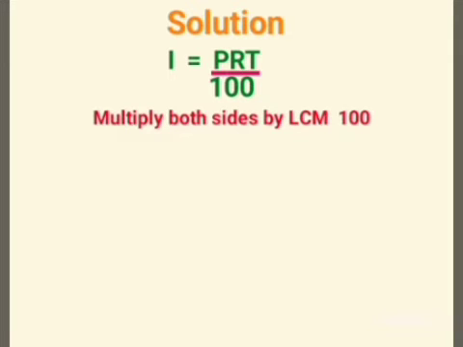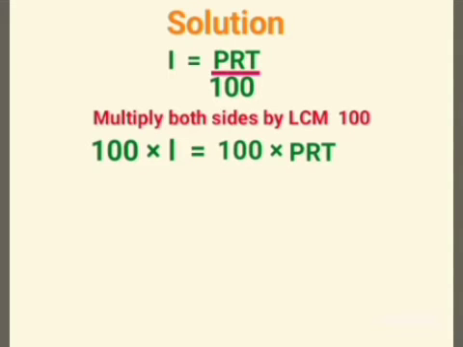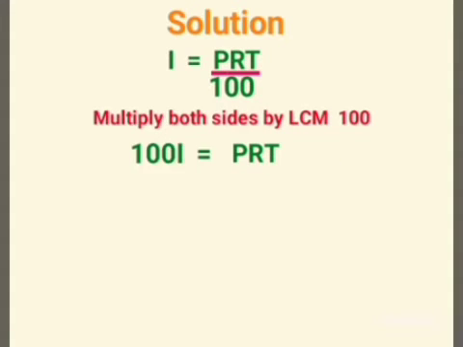The LCM of the denominator is 100. Therefore, multiplying both sides by 100, we have that 100 times I equals 100 times PRT all over 100. 100 cancels out 100. 100 times I gives 100I. Therefore, our new equation becomes 100I equals PRT.